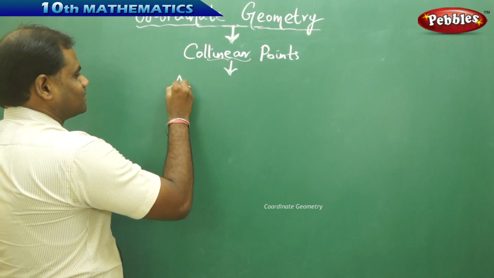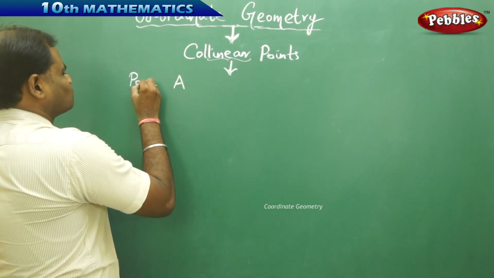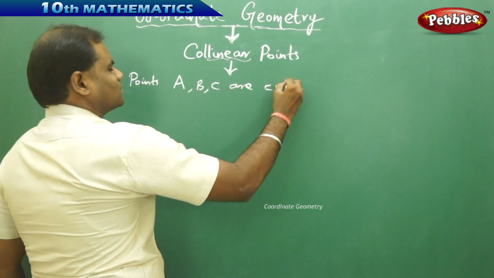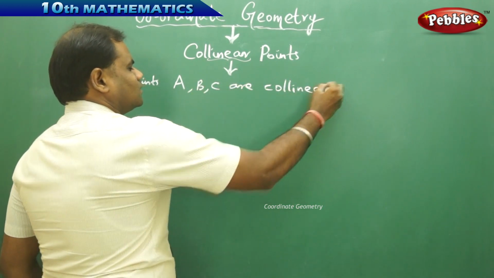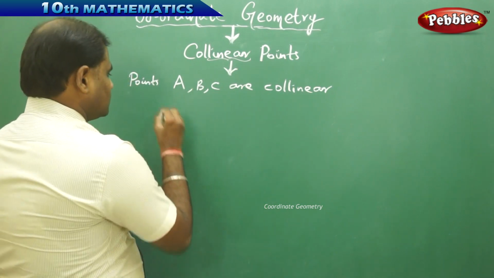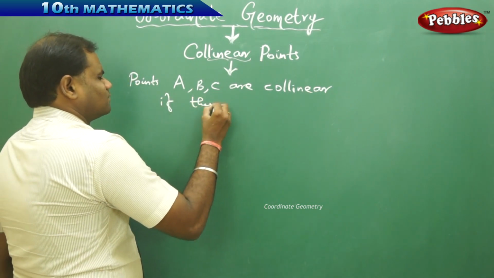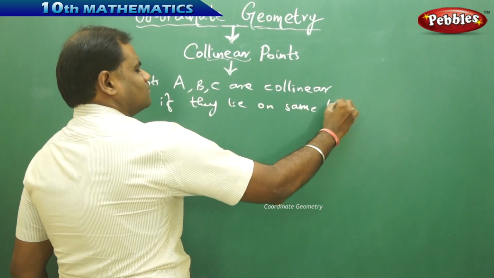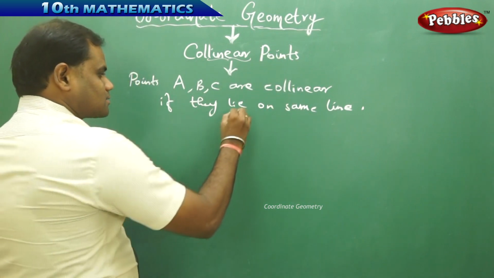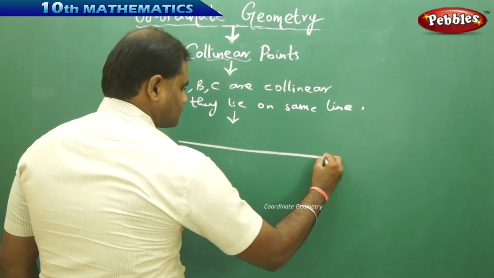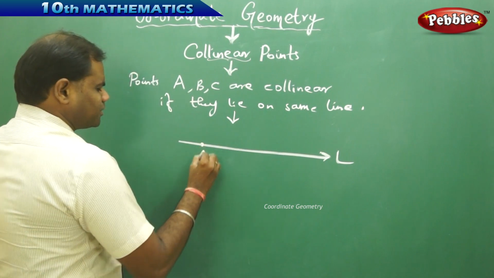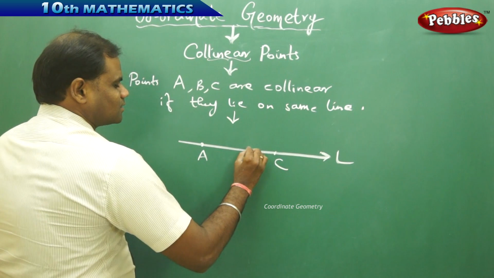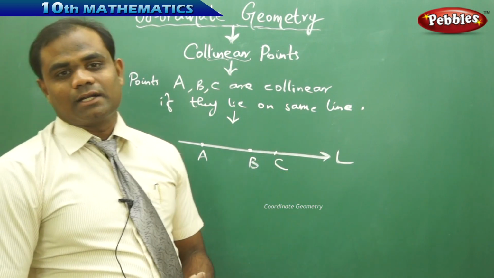I say points A, B, C are collinear. These three are said to be collinear if they lie on the same line. That is, if I take the line L, which has all the 3 points A, B, and C, then I say that these 3 points are collinear.